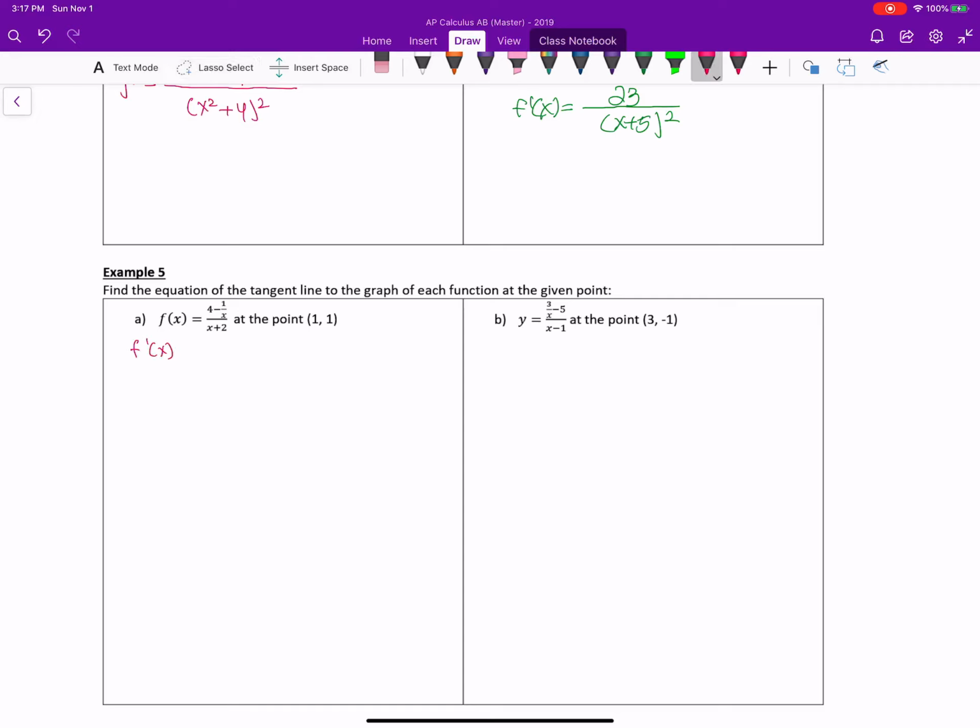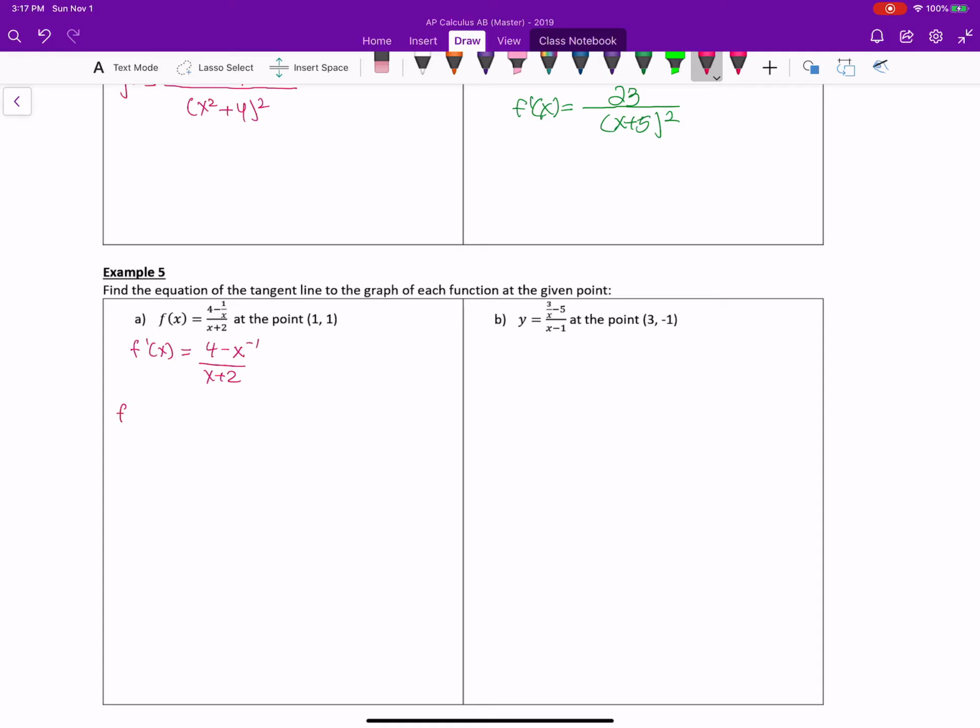Some people like rewriting the function first. f prime of x is equal to 4 minus x to the negative first over x plus 2. Or they like having it not be a complex rational expression, so they multiply the numerator and the denominator by x. To me, it doesn't really matter. I'm just going to leave it.